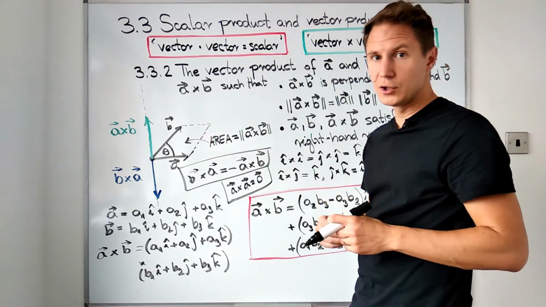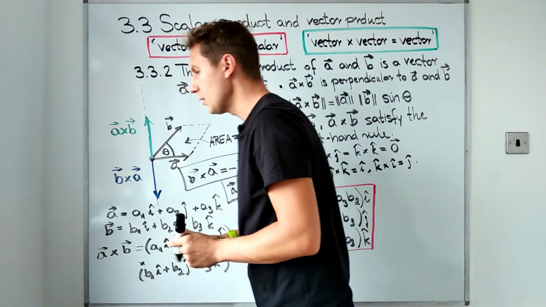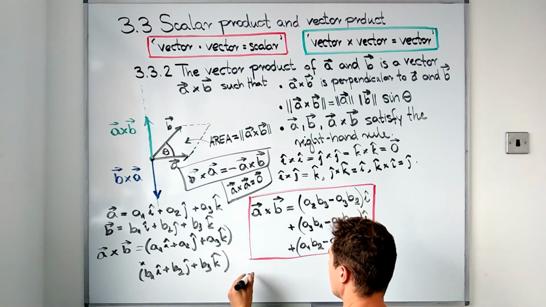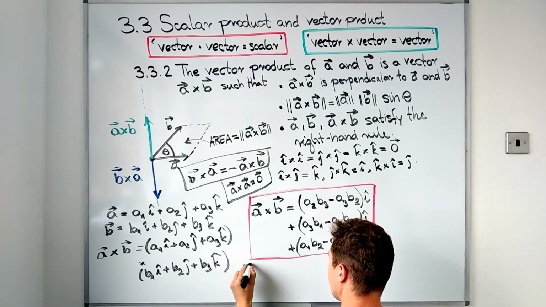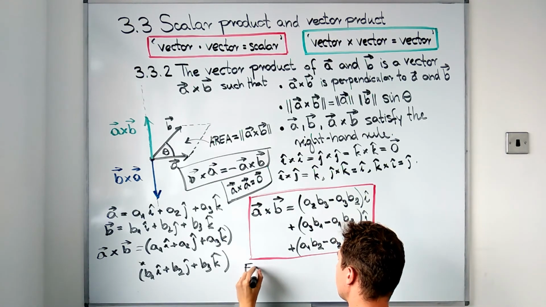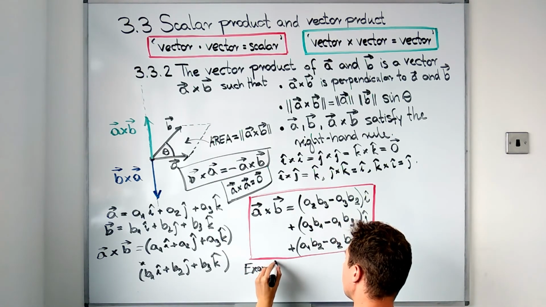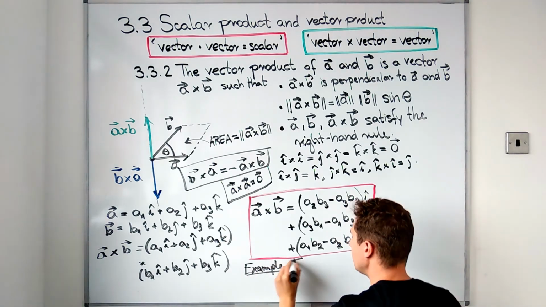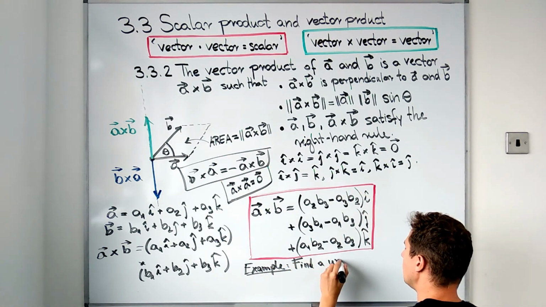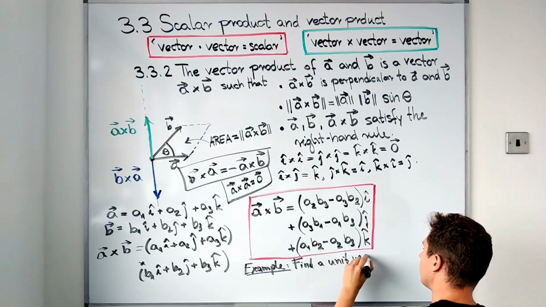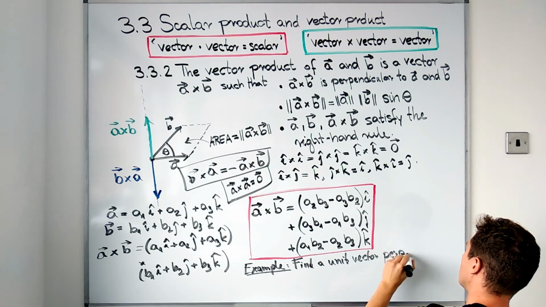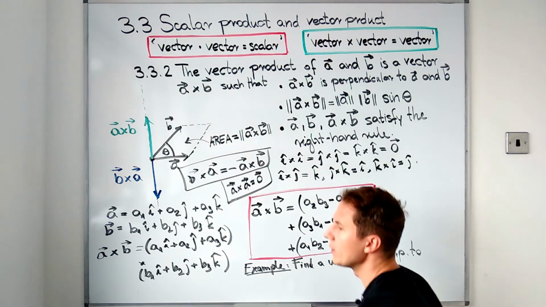Now, what I would like you to do to finish the video is to give me a unit vector. So this is just an example. Find a unit vector perpendicular to the following vectors.